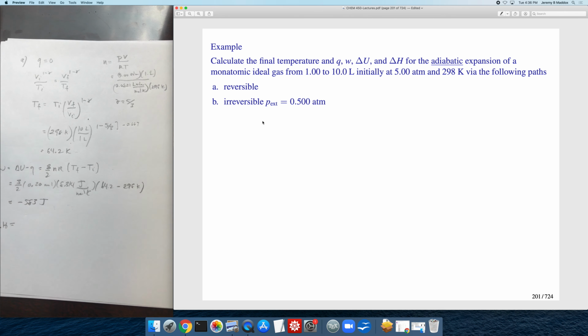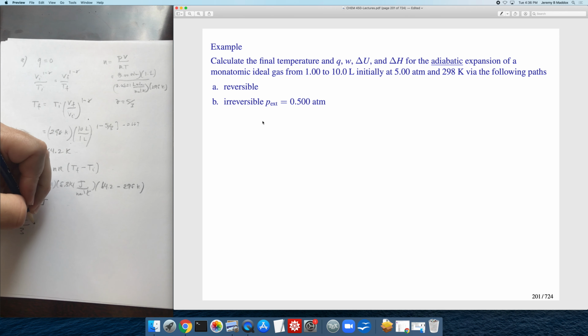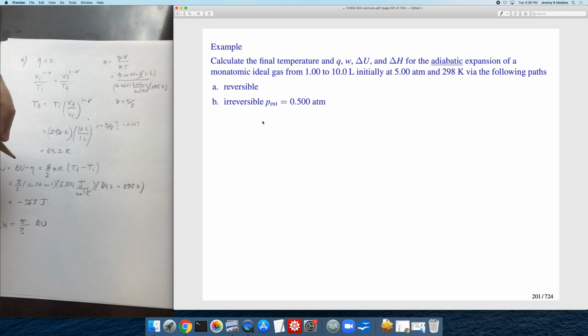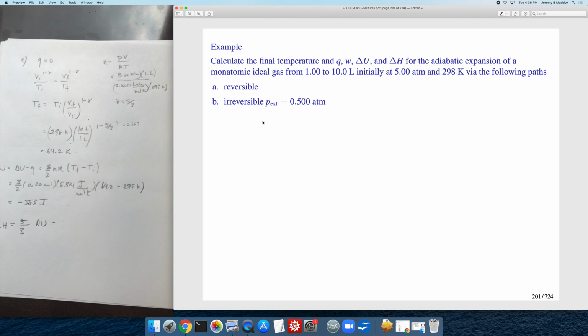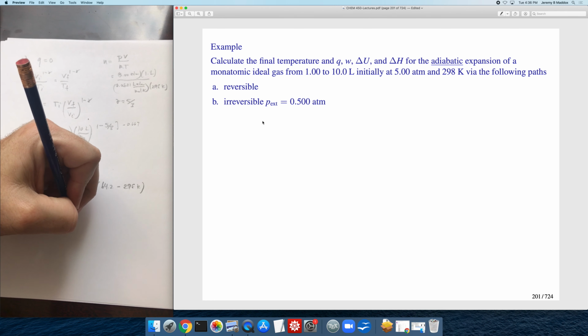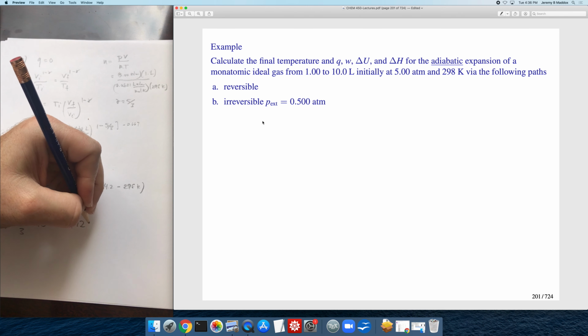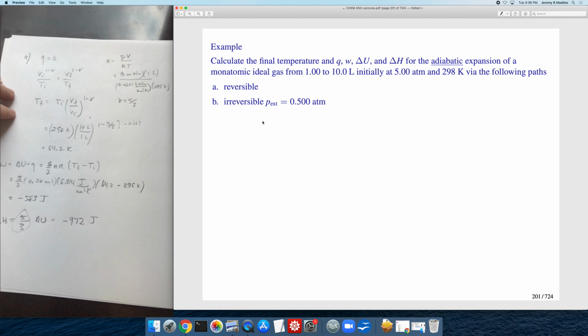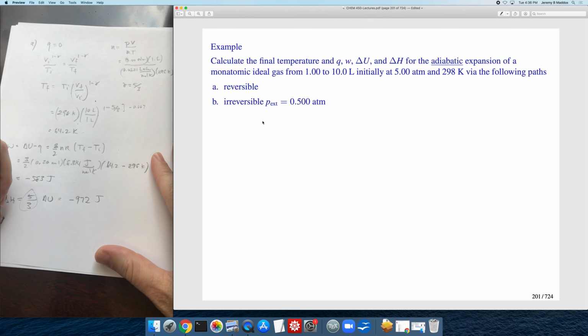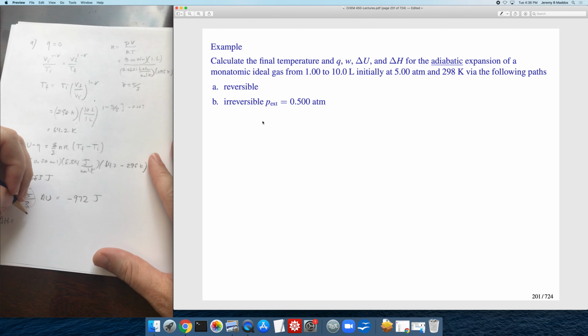Delta H is going to be equal to 5/3 delta U. Minus 972 joules.